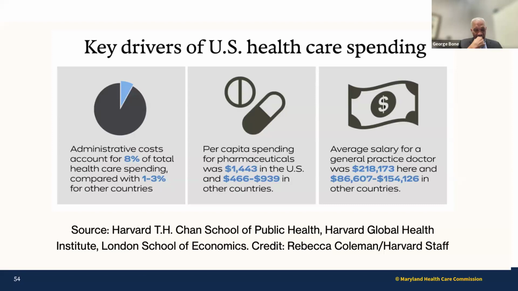When Dr. Chen looked at these numbers, he said that we could reduce administrative costs, we can reduce drug spending, and we could pay physicians less, in that these are the drivers of healthcare costs compared to other industrialized countries in Europe, Japan, and Korea.